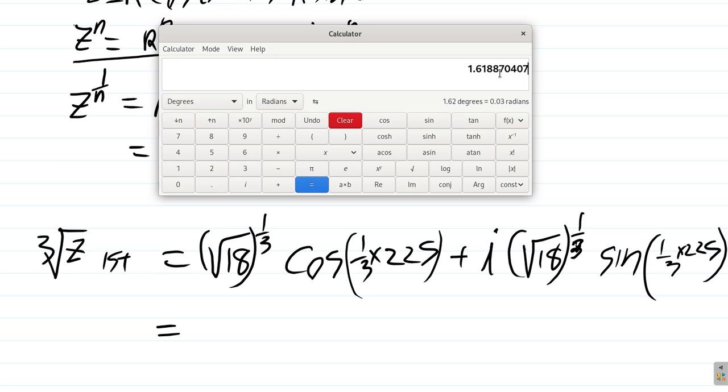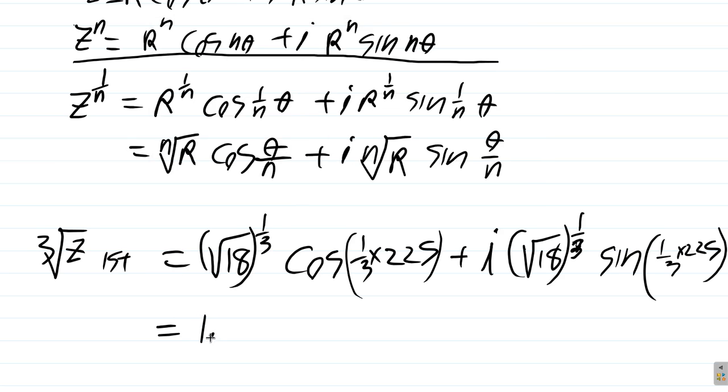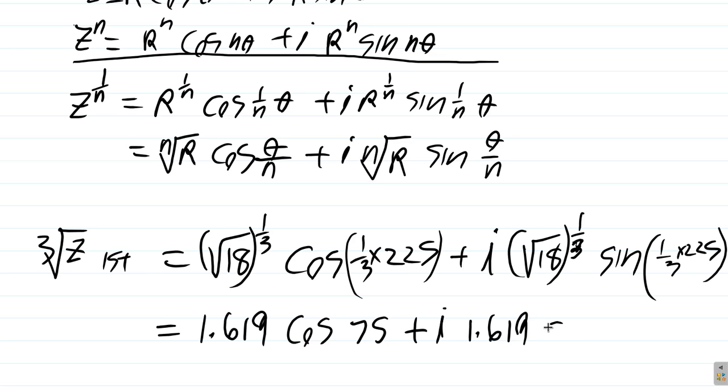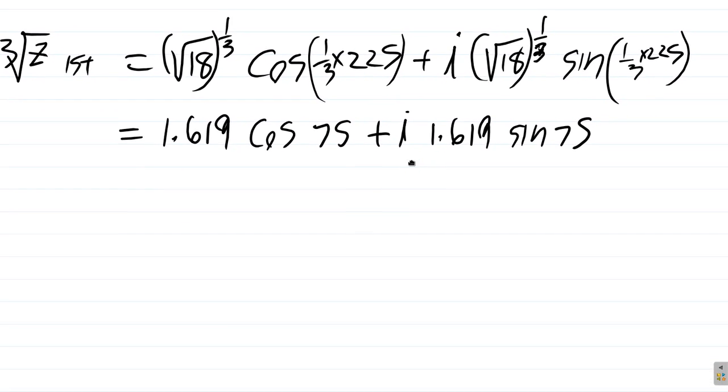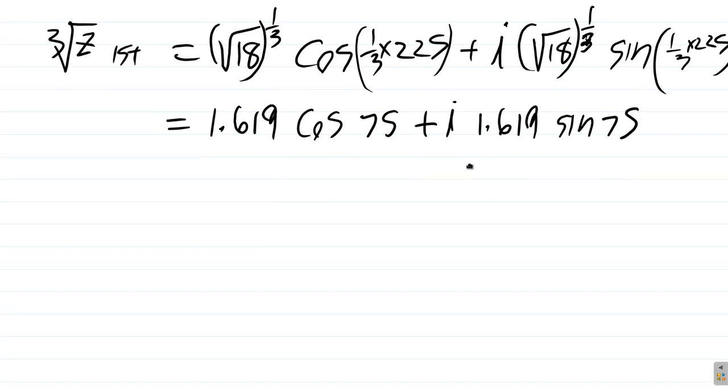So this is 1.619 cos. Alright, so I'm just going to use my calculator off the air. You could use your calculator as well to verify things. 225 over 3 is what? 75. So it's cos 75 plus i 1.619 sine 75. Okay, so that will be the first cube root.